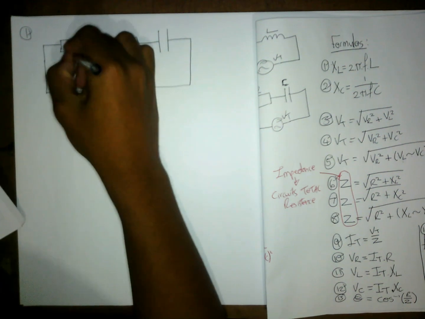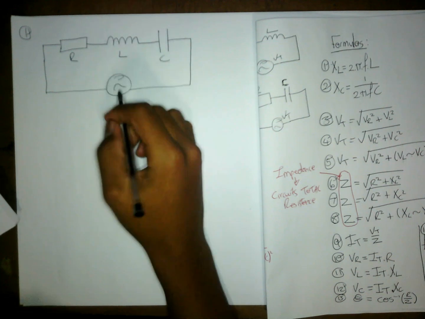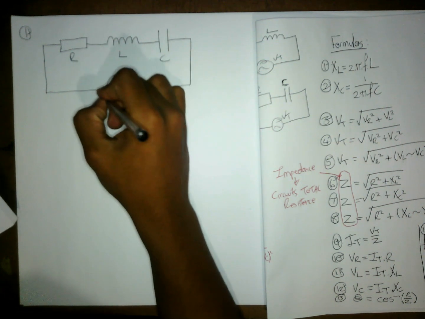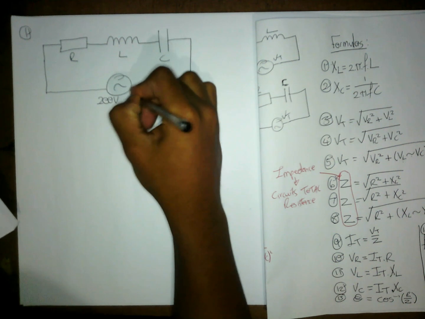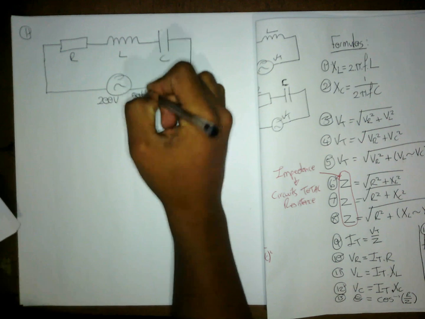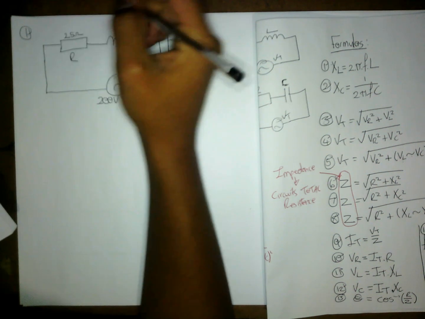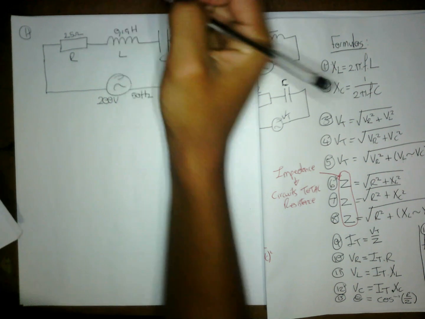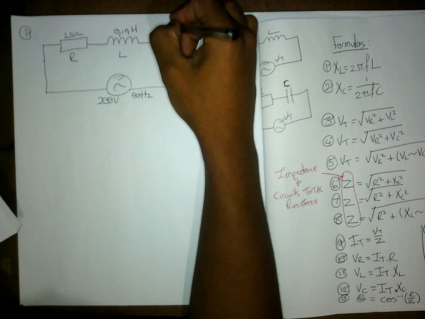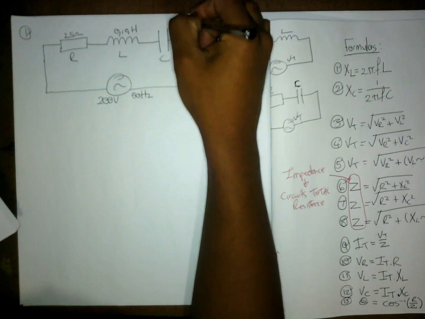So this is my resistor, that's my inductor, that's my capacitor, and this is my AC supply. Our voltage is 200 volts, our frequency is 50 hertz. The resistor's value is 25 ohms, the inductor's value is 0.19 henry, and the capacitor's value is 125 microfarads.